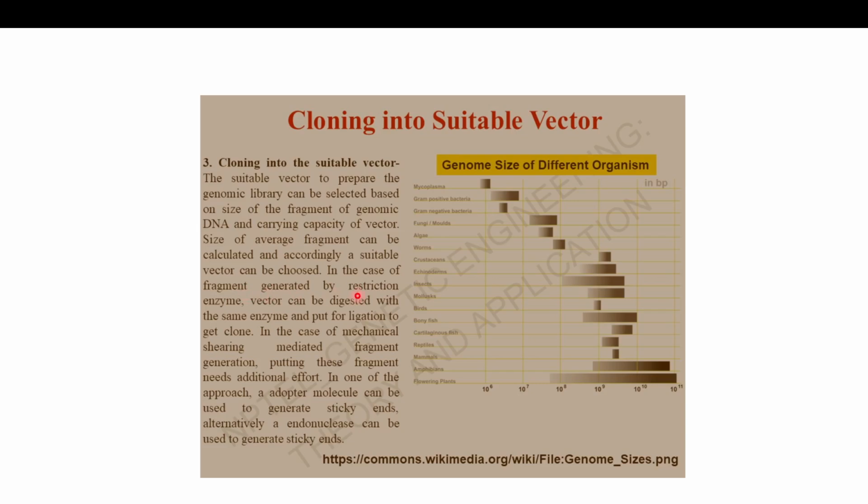In the case of fragments generated by restriction enzymes, the molecular cutters we were referring to earlier, these carriers or vectors can be digested with the same enzyme and put for ligation, or joining, to get a clone. In the case of mechanical shearing mediated fragment generation, putting these fragments needs additional effort, if we don't know what types of ends have been generated on those DNA fragments and how we are going to ligate them to a vector.